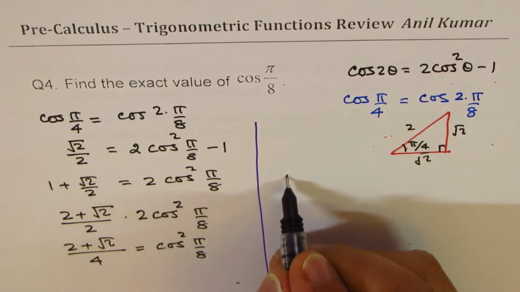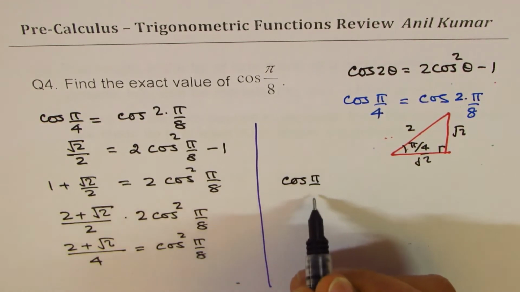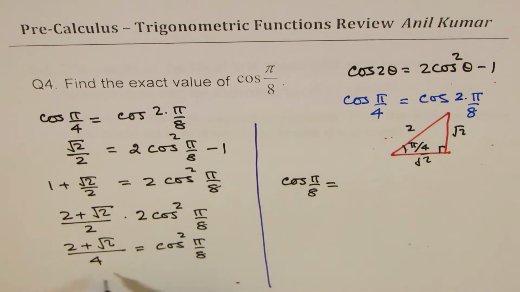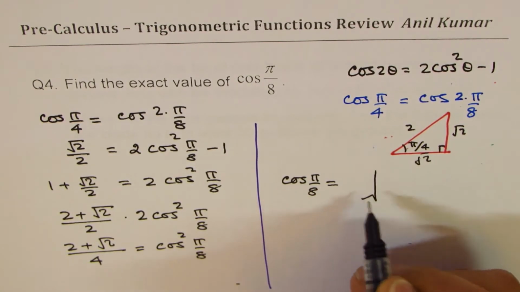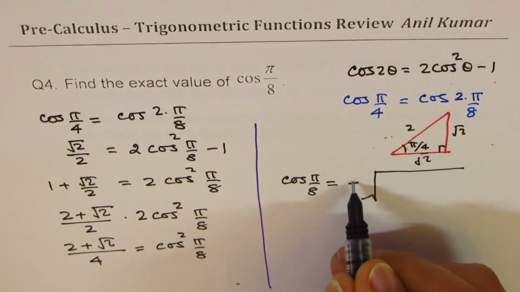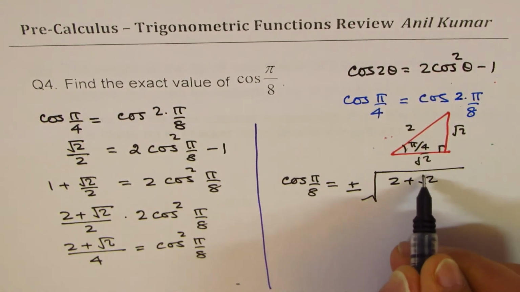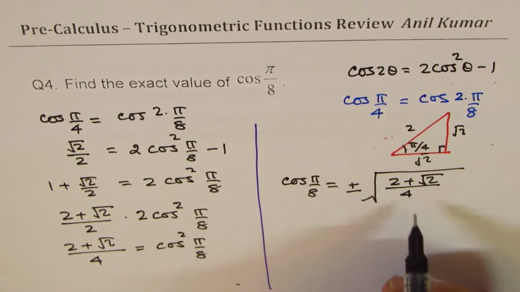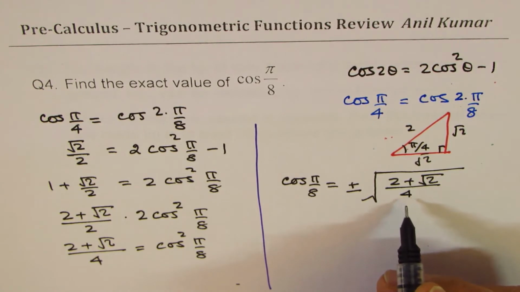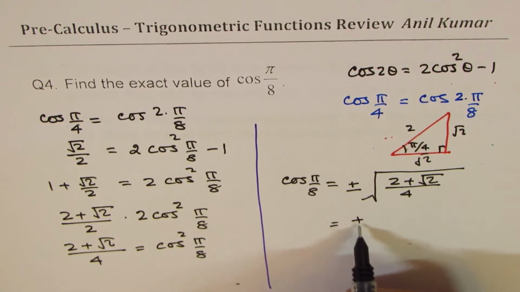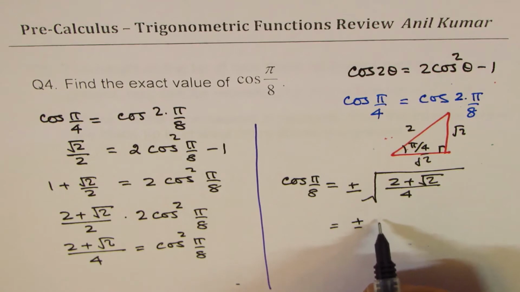So let's take it to this side and write down our answer. So cos pi by 8 is equal to square root. And whenever you take a square root, you have to write plus and minus, correct? Square root of 2 plus square root 2 over 4. Square root of 4 is 2. So you could write this as plus minus half, right?